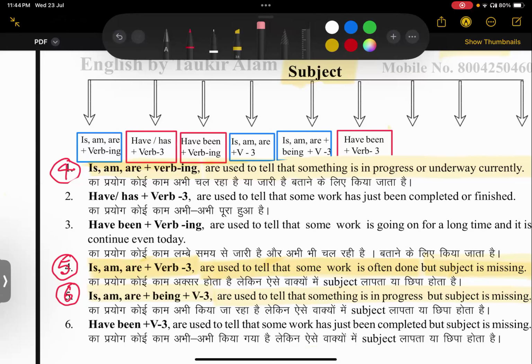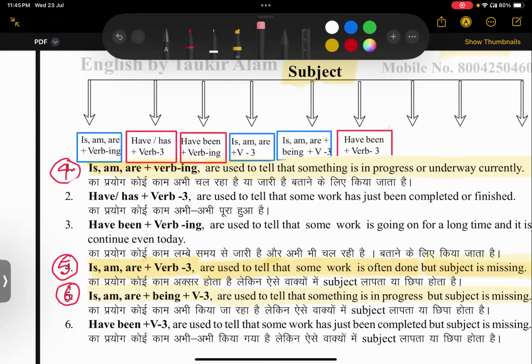So when you want to speak a sentence where you want to say that you have just completed something, you have done something recently, then you will say I have, you have, he has, she has, and verb in third form.